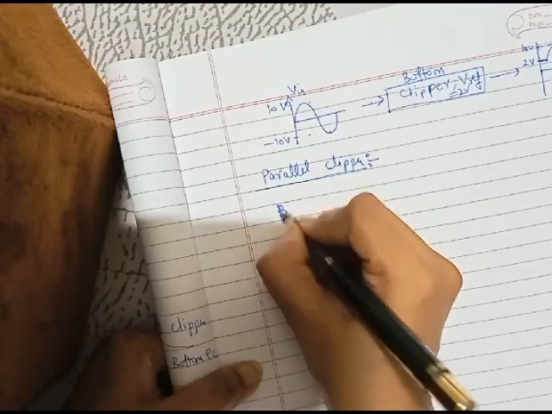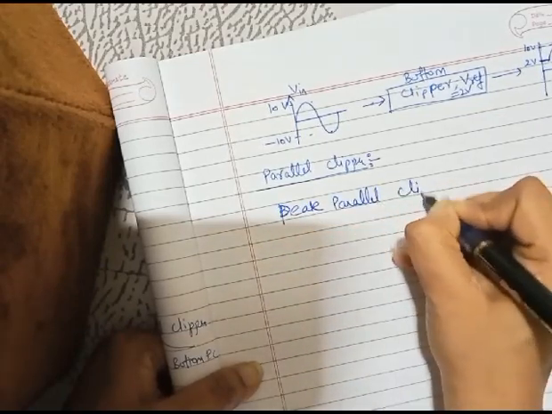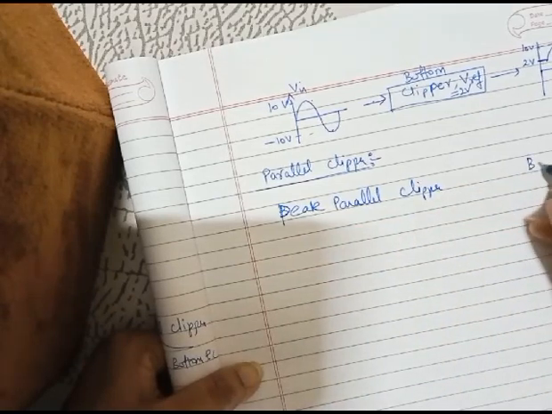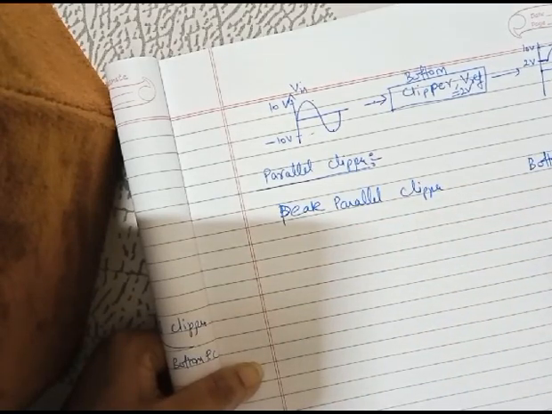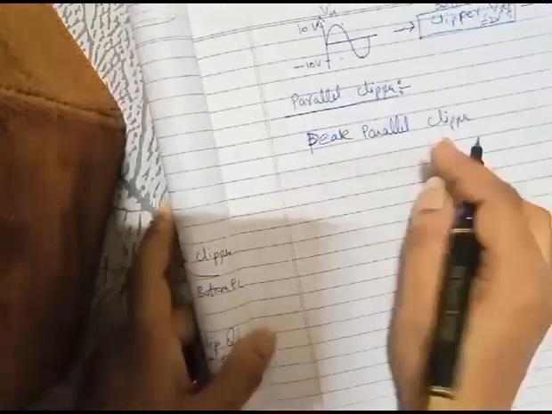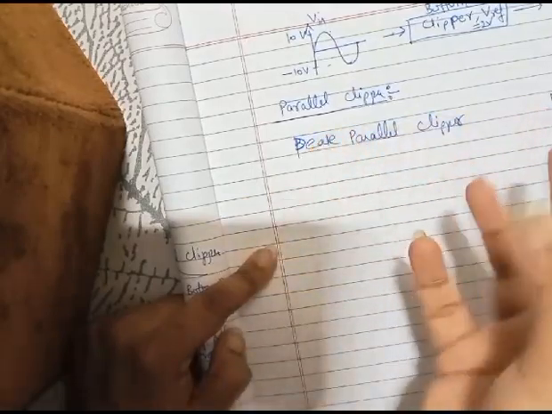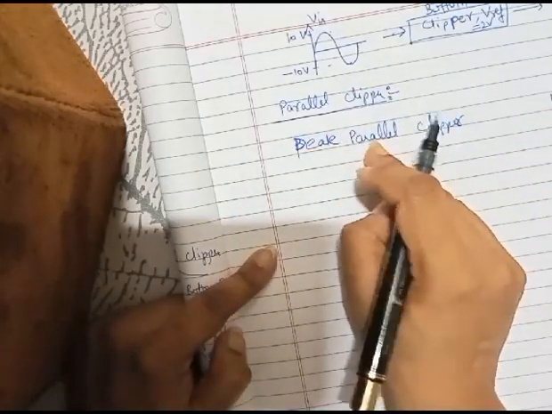First we are talking about the peak parallel clipper. How are we going to make the circuit? The same arrangement, but here the diode is in parallel.